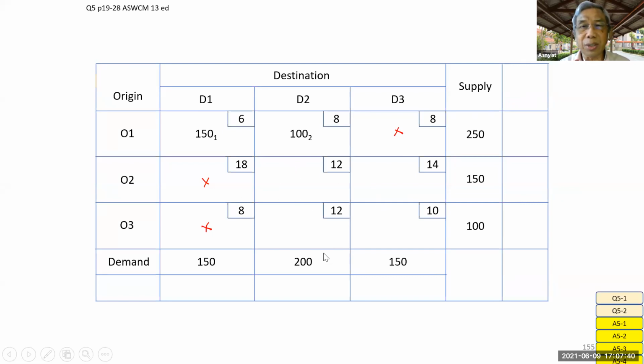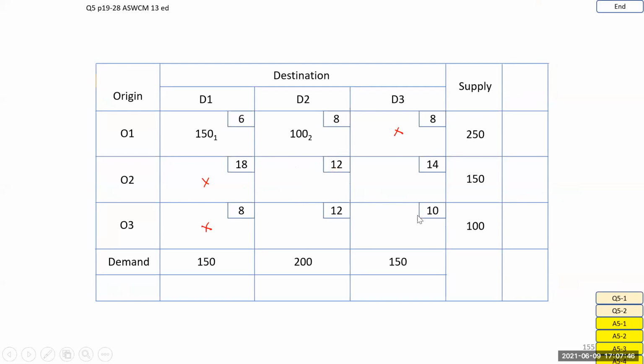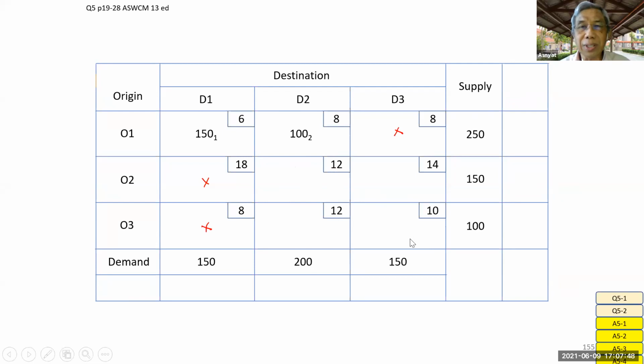And then the next least cost, 10. So how many units are we going to transport here? Origin 3 can supply 100, and the demand is 150. So we can supply 100.